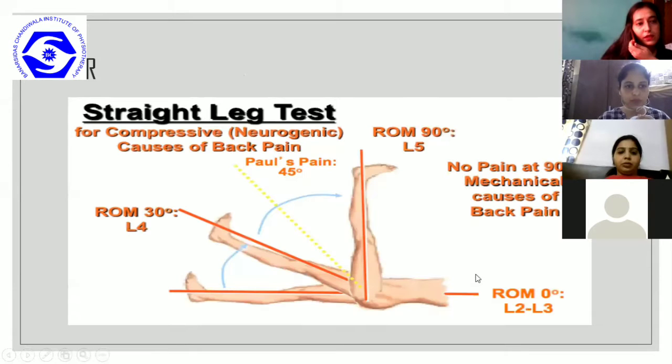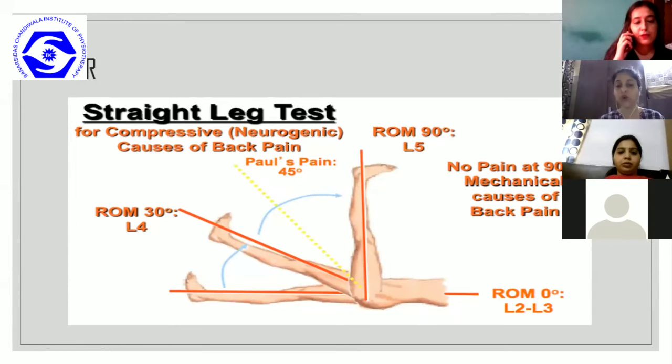So this was the picture I was sharing. This is an SLR picture, and I was showing the range of motion of 30 at L4. The compression or neurogenic causes of back pain usually arise between 30 and 90 degrees.